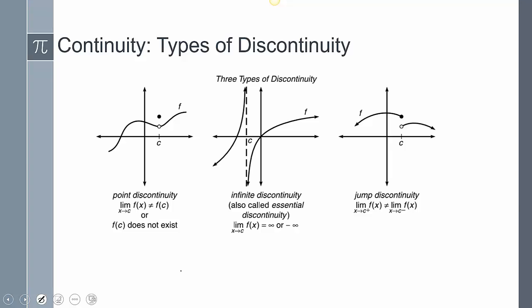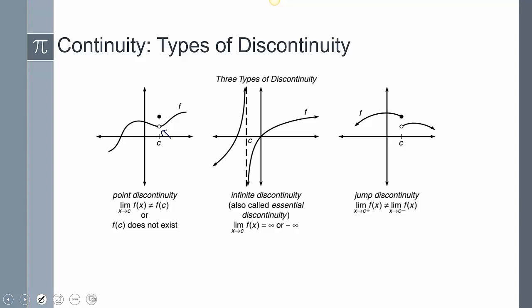The first is called a point discontinuity, and that is at an instantaneous value in which there is no defined value. The rest is defined except at that given point, which is why we call it a point discontinuity.